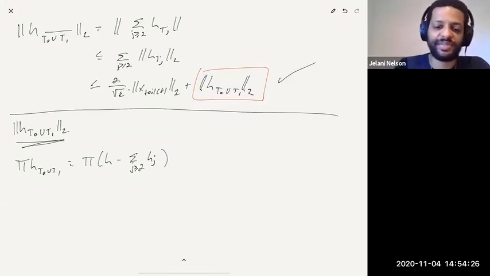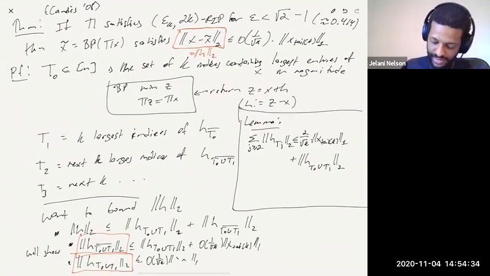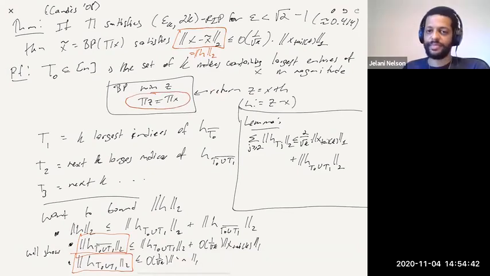What is pi times h? It's 0, right? Remember, this is a solution to basis pursuit. Basis pursuit says pi z equals pi x. So z is x plus h, so it's pi x plus pi h equals pi x. So in other words, pi h is 0. So h is in the kernel of pi.